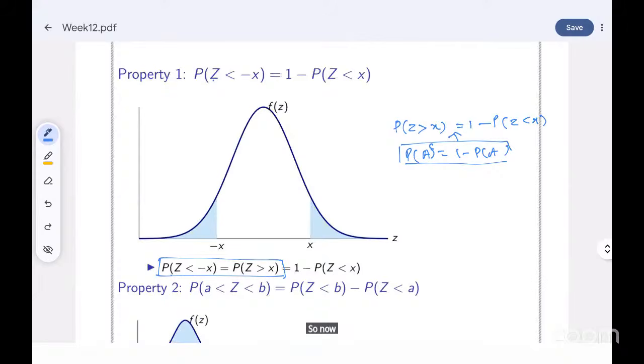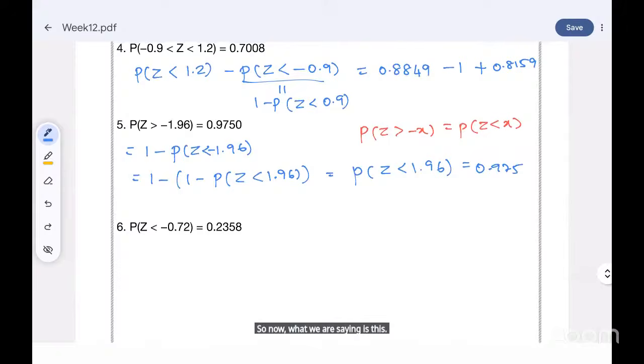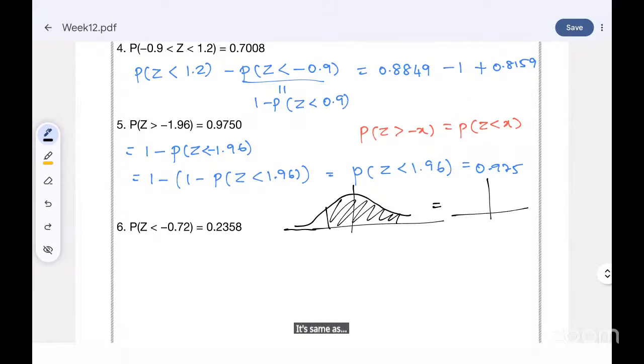So now what we are saying is, when you have this standard normal curve, this part is same as this part. So this is your minus x, this is your x. Okay?